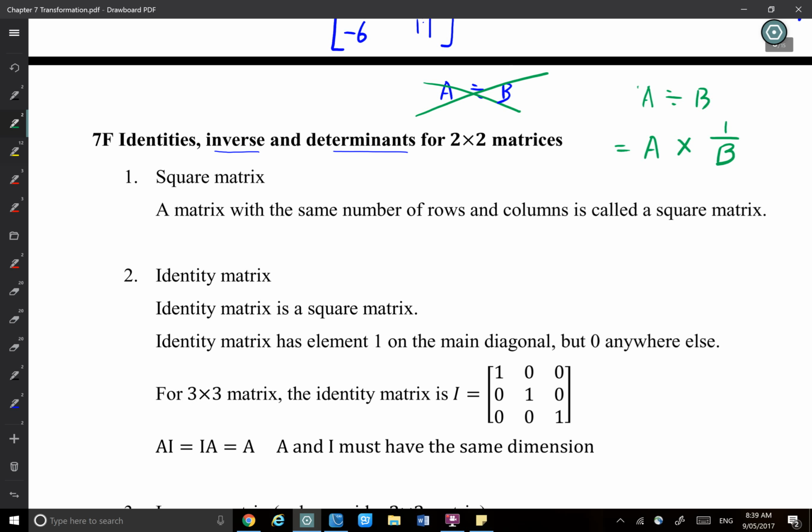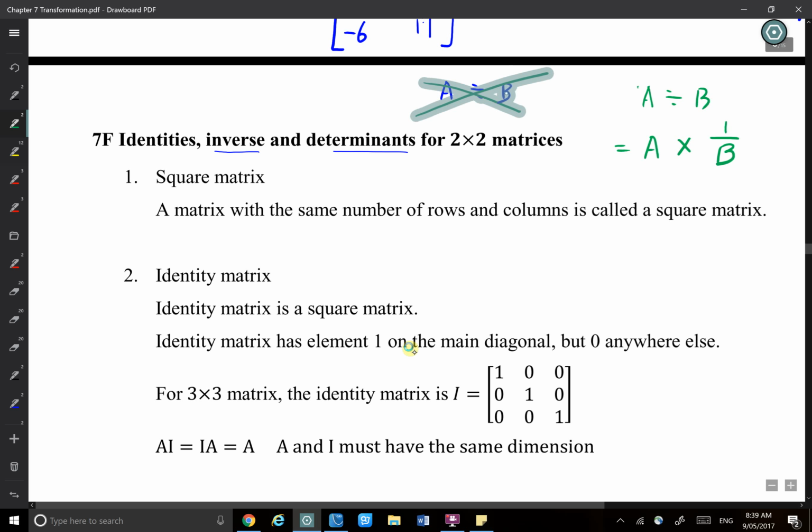We divide by 2, it is the same as we times 1 over 2. Divide by something is the same as times the inverse of it. So that's how we calculate with matrices. If I can't divide, I can times the inverse. So instead of division, we will talk about the inverse of a matrix. Okay, I will show you some examples later.